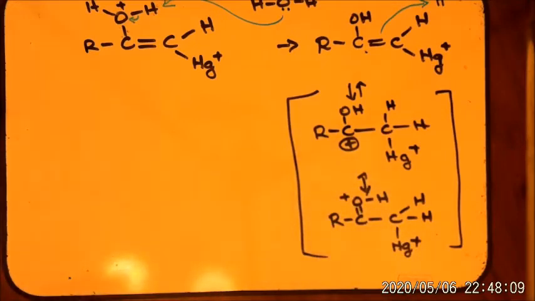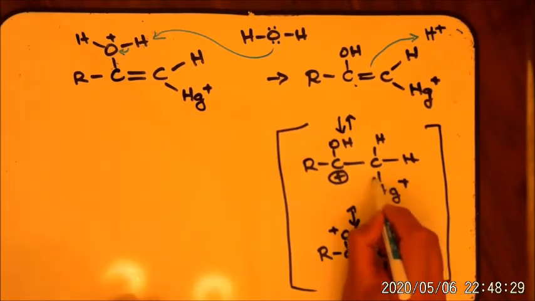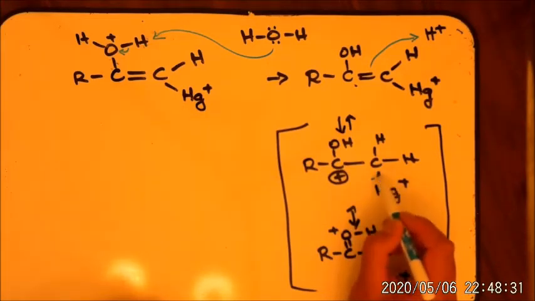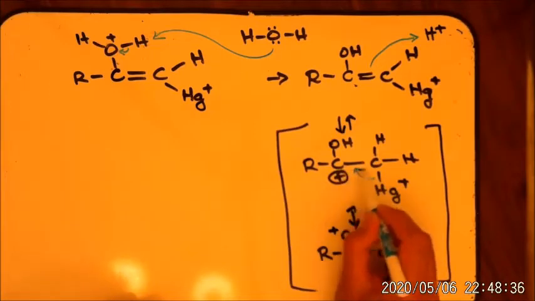Now, what happens in this case is that with the alkene, don't forget we used the sodium borohydride and we did a reduction to remove the mercury. In this case, we regenerate that mercury too. So how do we do that? These two electrons here move here to form the double bond.